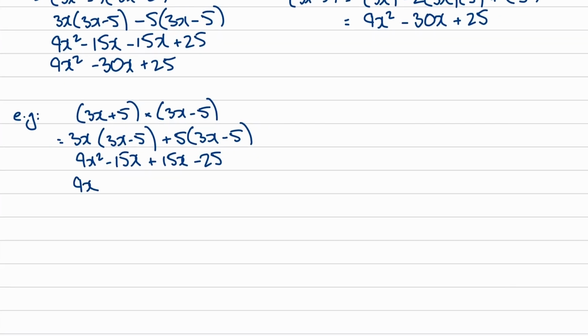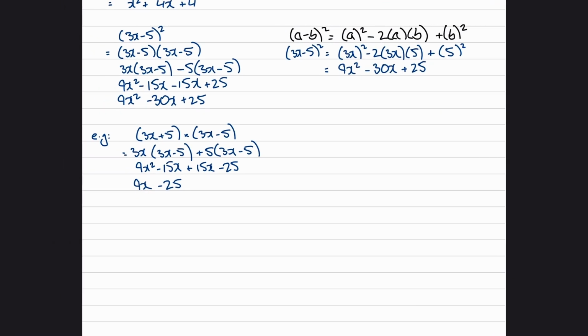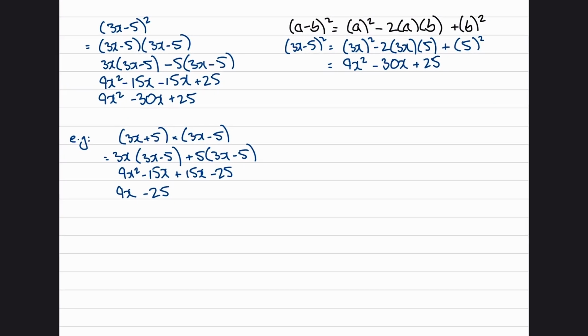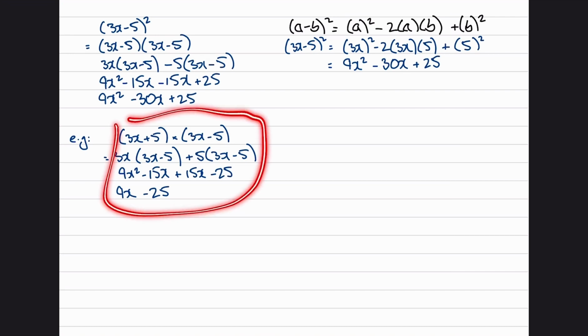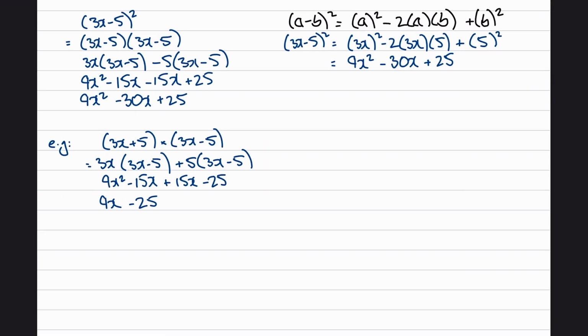So 9x squared, plus 15x and minus 15x just cancel each other out, so we're left with 0, and minus 25 stays minus 25. So from this, the general identity that we get is a plus b into a minus b equals a squared minus b squared, and this will always be true.